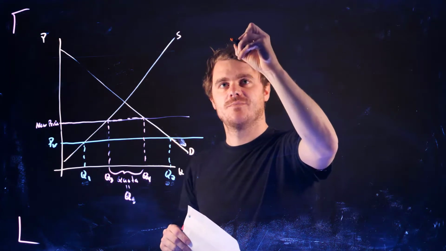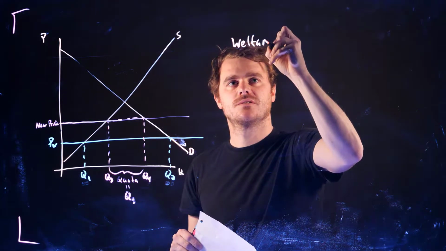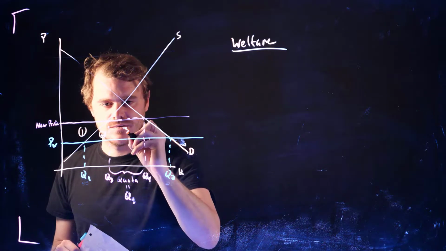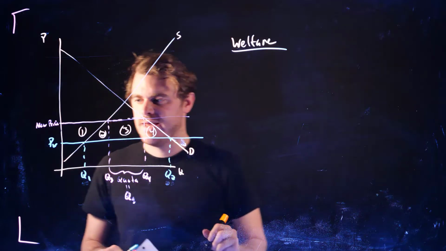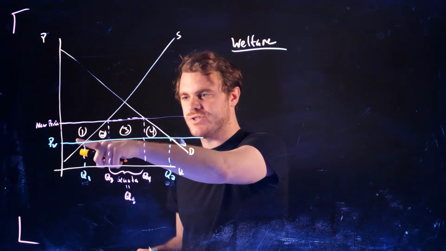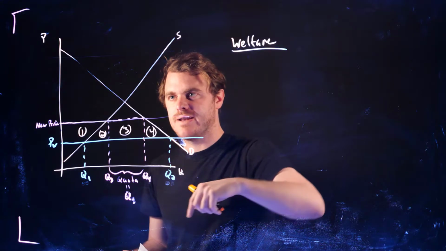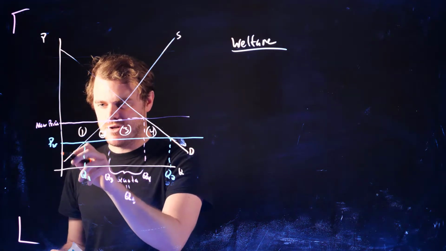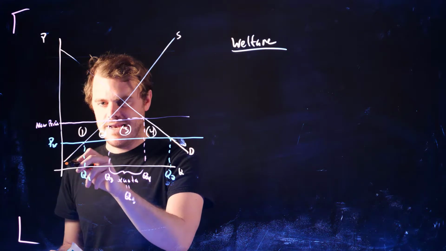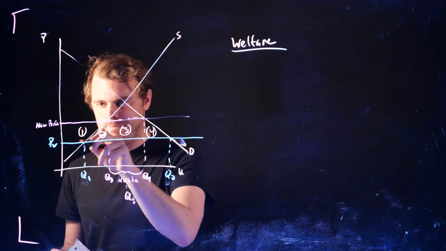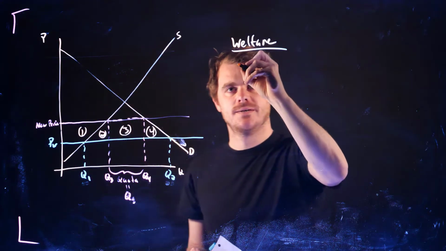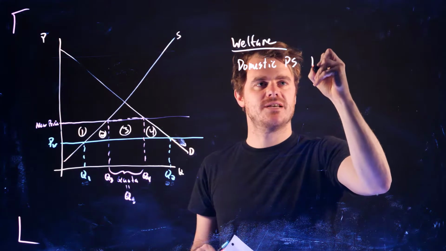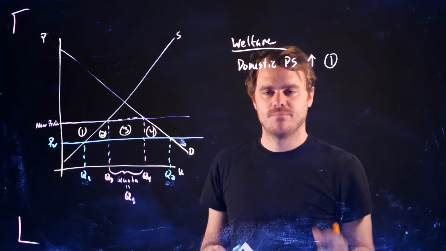But again, in terms of the welfare effects, we can label these again. The domestic producer surplus is going to go up by this area, below the price and above the supply curve. It used to be this smaller triangle, but now it's this bigger one, so it's gone up by this area 1.